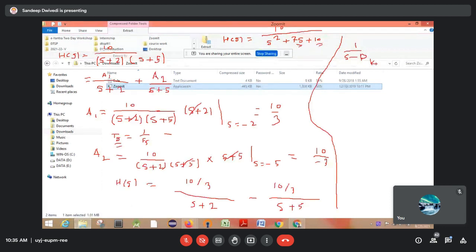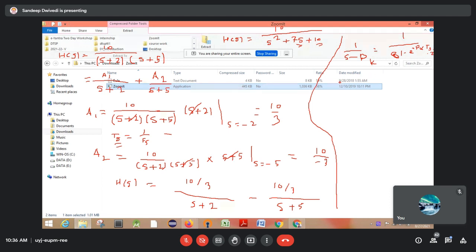That becomes 1 upon 1 minus e raised to power pk Ts, and you can keep Ts as it is, into z inverse.